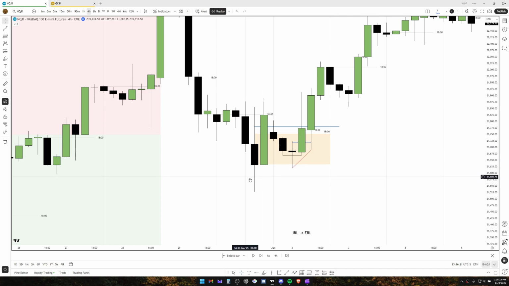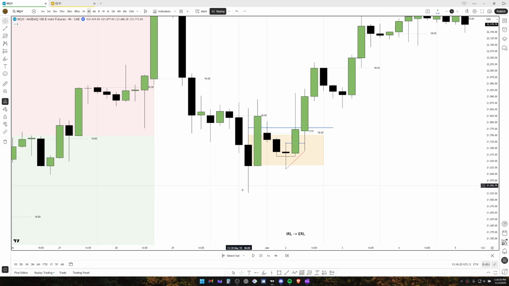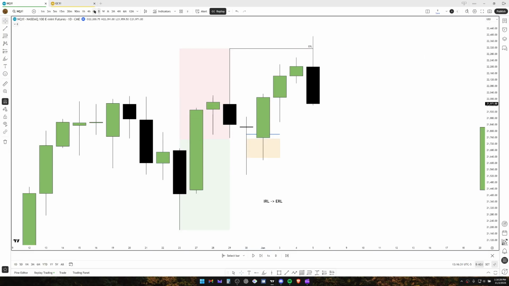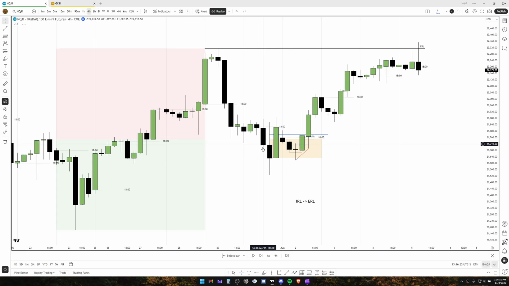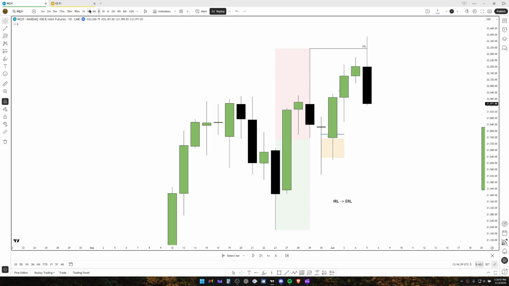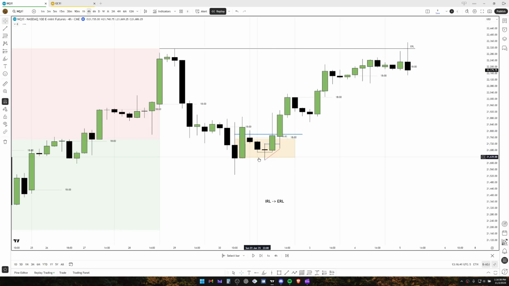We have that swing over here. So this is probably a daily C2. Exactly. See, daily C2, 4 hour swing. Daily C3, 4 hour swing.